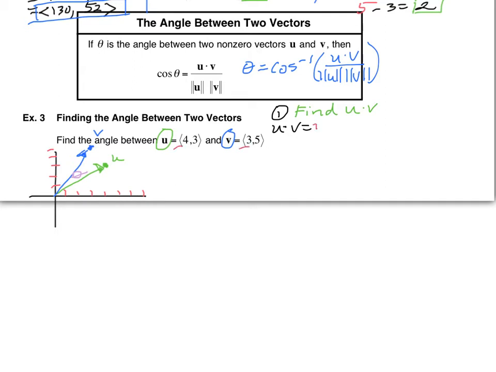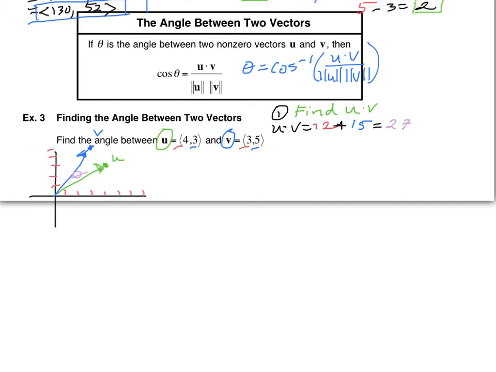That gives me 12. Add to that my y values, multiplied together. I get 15. I think I said add previously, sorry. And then 12 and 15 is 27, right? So the dot product of the two vectors is 27.